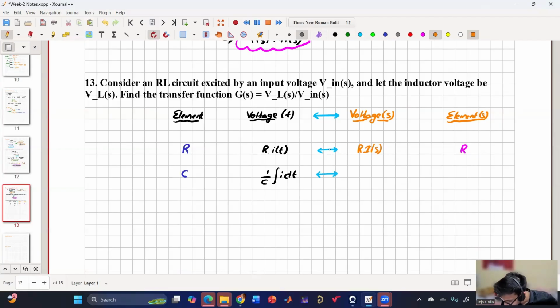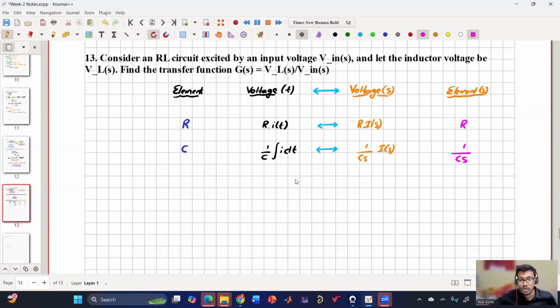So I'll have 1 by Cs into I of S. So if I divide by I of S, then the element value is as if it is changed, because it is not exactly the same. It is 1 by Cs because I am dividing by I of S. Say voltage is equal to current transfer function into element transfer function. So the element transfer function of resistor is R, whereas for capacitor it is 1 by Cs.